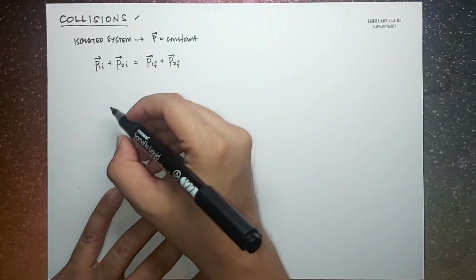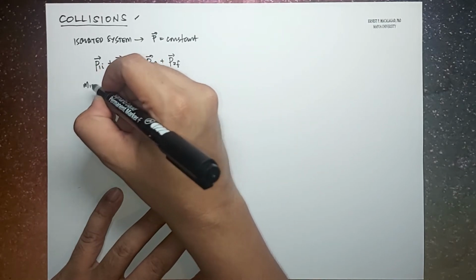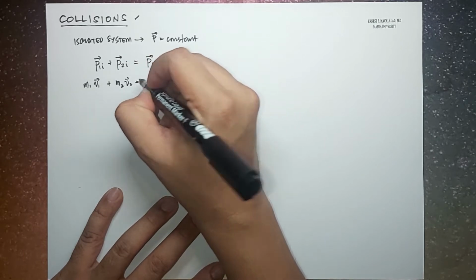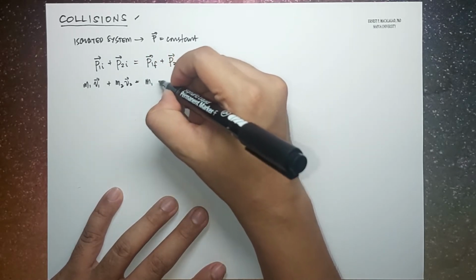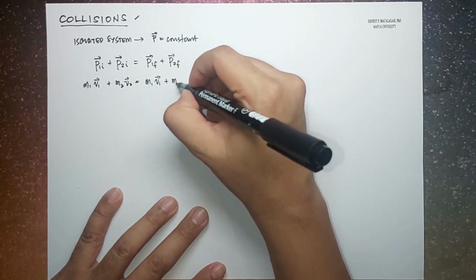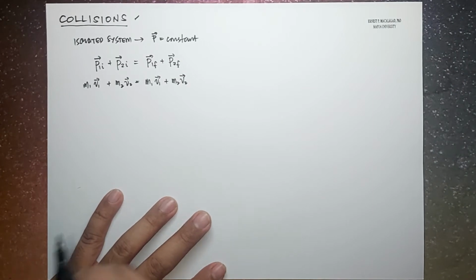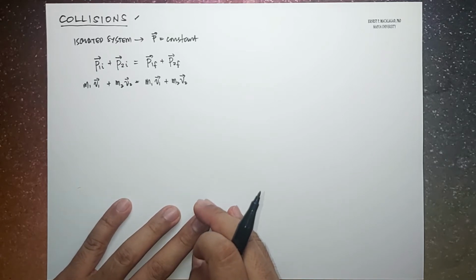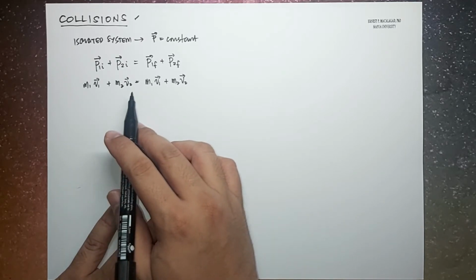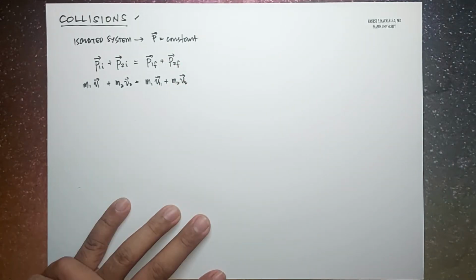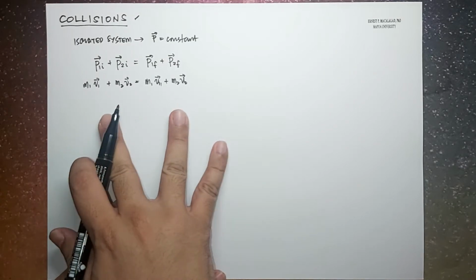So with the definition of momentum, this will be equal to m1 v1 plus m2 v2, and that is equal to m1 u1 plus m2 u2, where m1 and m2 are the masses of the two particles, and v1, v2 and u1, u2 are the initial and final velocities of particles 1 and 2 respectively.